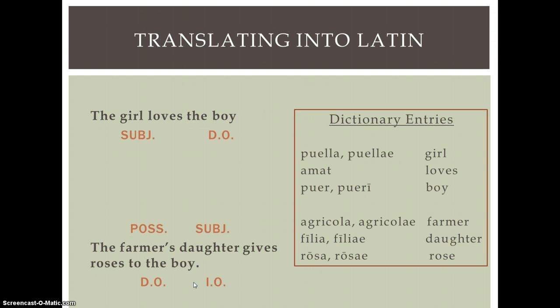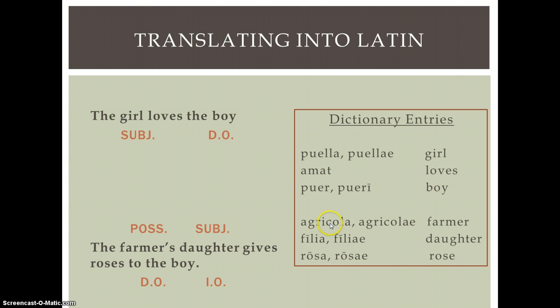What this means is that you now have all the information you need to translate these two sentences into Latin. I've given you the dictionary entry for any of the words that you don't already know. I've also given you the verbs that you will need for the sentence. Actually, this verb here is dat, D-A-T. It's on the next slide.